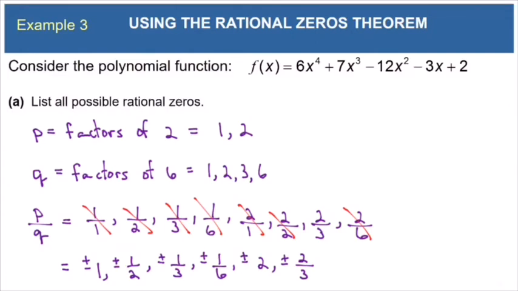So the possible rational zero theorem can't help us find those things, but it can allow us to make a list of any rational, or in other words fractional numbers that might possibly be zeros of our original function.